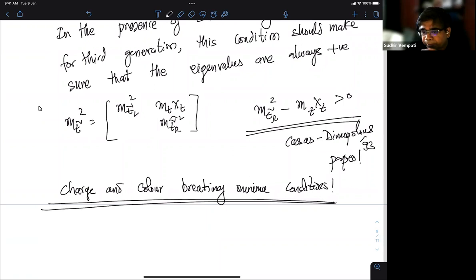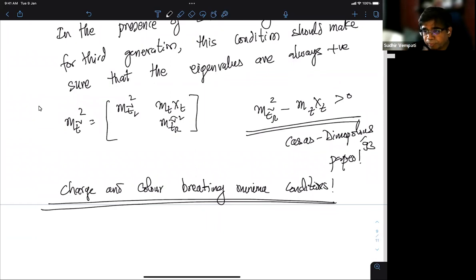You should not have metastable minima. Metastable means minima in which the lifetime of the universe is longer than, or comparable to, the age of the universe, but it's not the global minima. There could be a global minima, but the transition time between this minima and the other minima is so long that by the time the transition happens, the age of the universe is already gone.